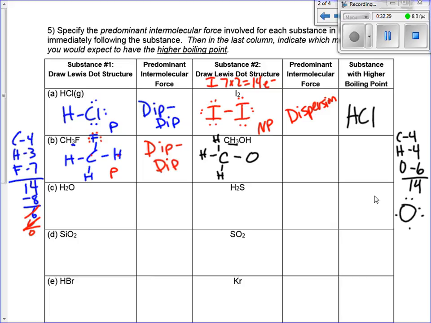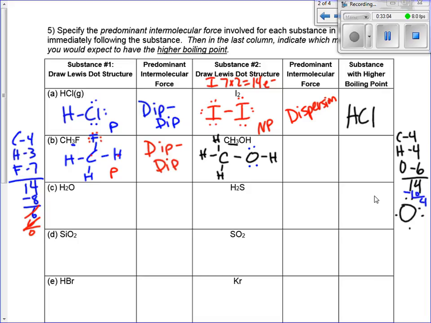Those 3 should go on the C, and then the other H over here should go off of our oxygen, like so. So now we've attached our ligands. So we've used 2, 4, 6, 8, 10 electrons. We have 4 left. Who still needs 4 electrons? Oxygen does. That's nice and convenient, because guess what? We have 4 to give the oxygen. Okay, so that would be the Lewis dot structure for methanol.